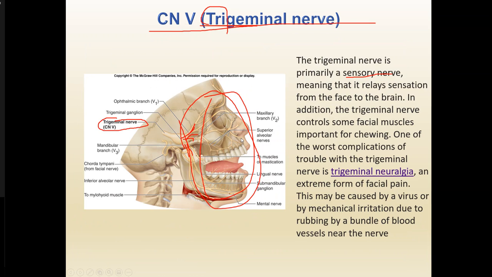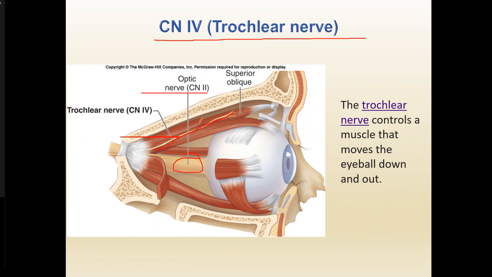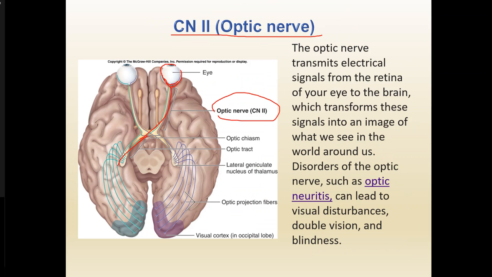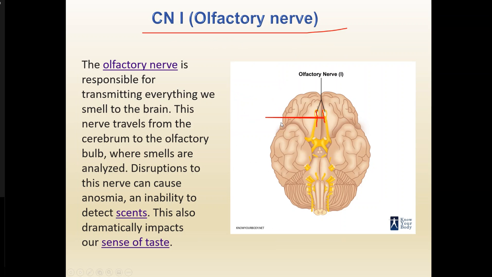Some of them are pretty straightforward. Some of them have mixed functions and they branch out a lot. So whichever branches out a lot, at least know that, and whichever has a straightforward function, you especially have to know very well, for instance the optic nerve. Olfactory nerve as well.